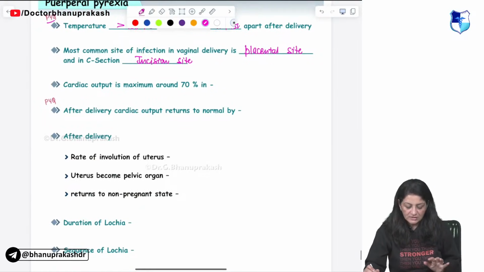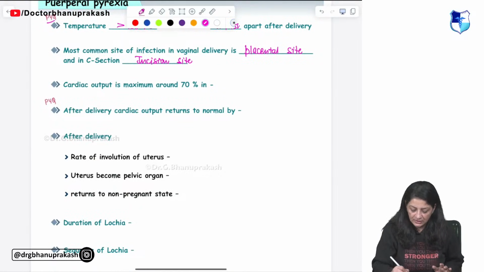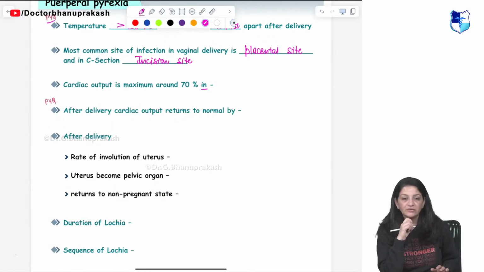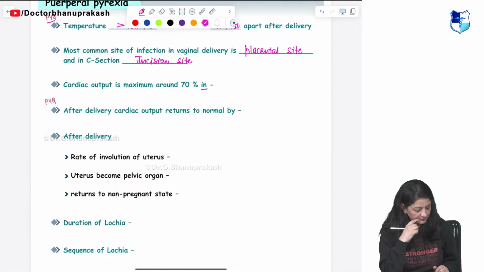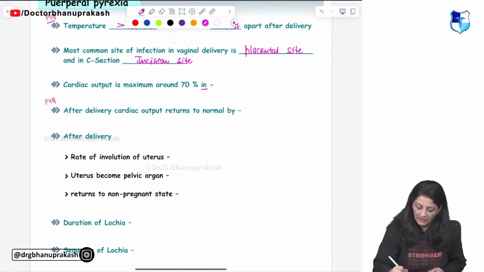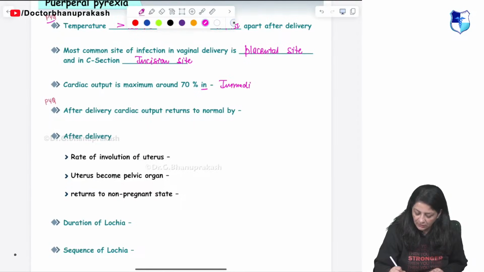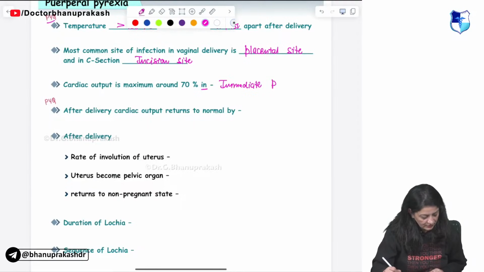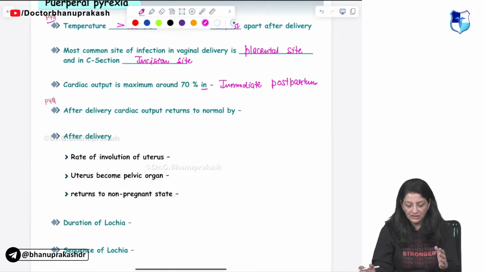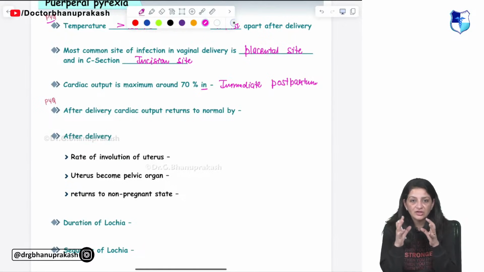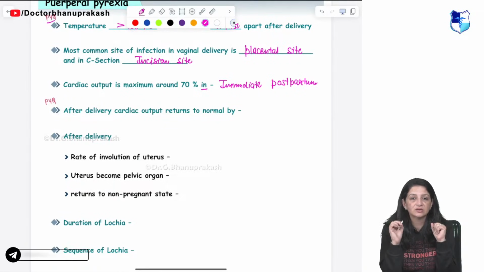So cardiac output is maximum, around 70%, in intrapartum, postpartum and 32 weeks. When will cardiac output be highest? Immediate postpartum. Yes, postpartum. Because after delivery of the placenta, there is a contraction of the uterus. All the blood goes where? To the maternal circulation.